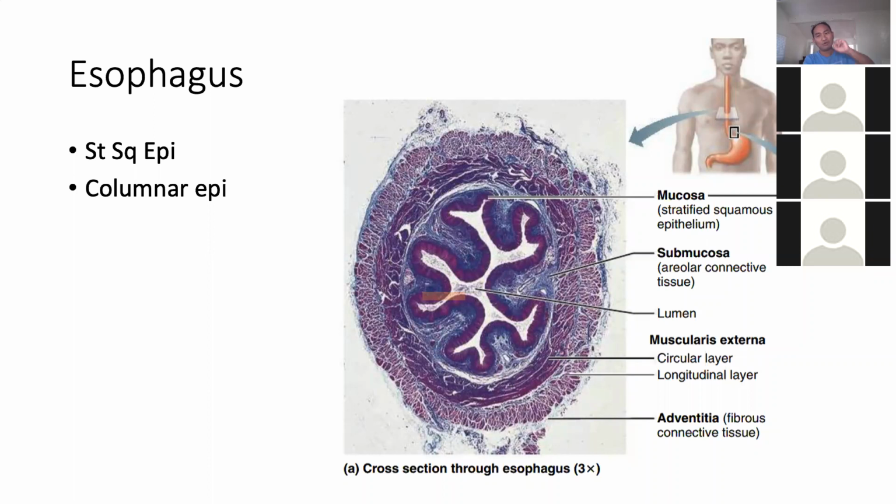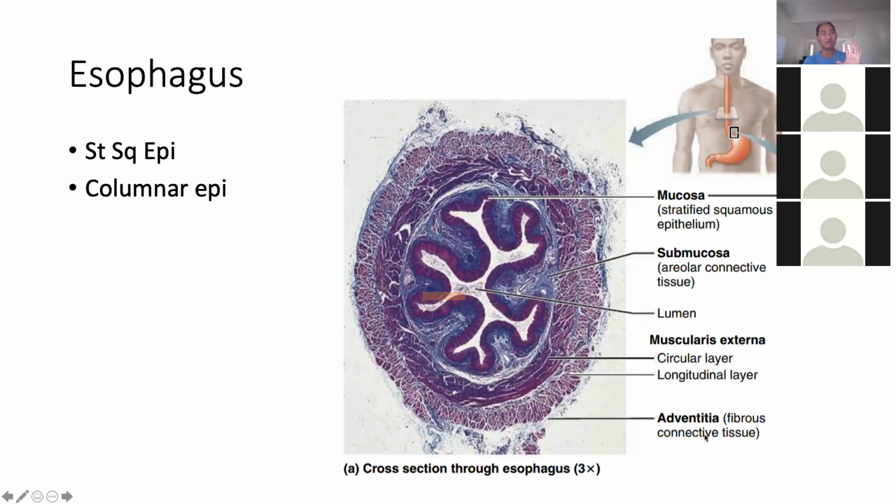The same as the whole gastrointestinal tract. We have studied the basics of the gastrointestinal tract already. So mucosa is made of stratified squamous epithelium. Submucosa, there will be areolar connective tissue. And muscularis layer, we know, circular and longitudinal.